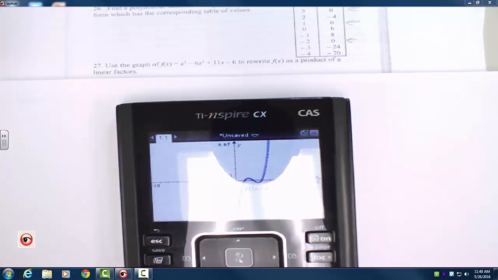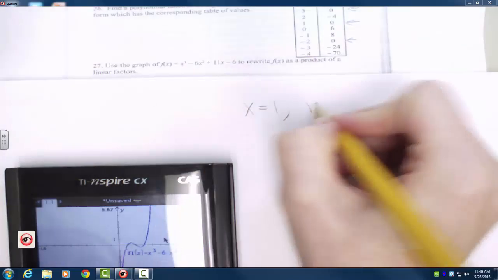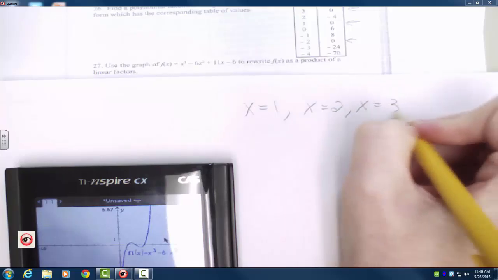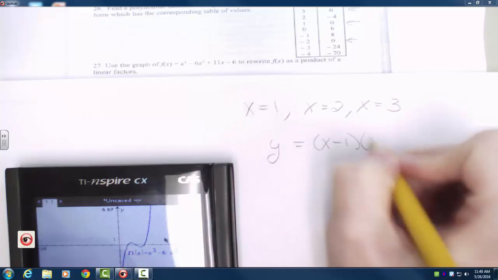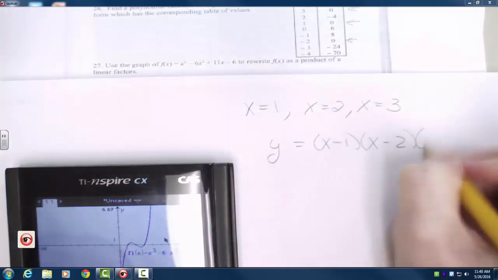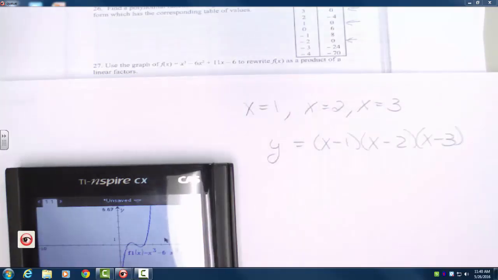We graph, and we can see that it hit at x equals 1, x equals 2, x equals 3. So that is going to be the factors x minus 1, x minus 2, and x minus 3.